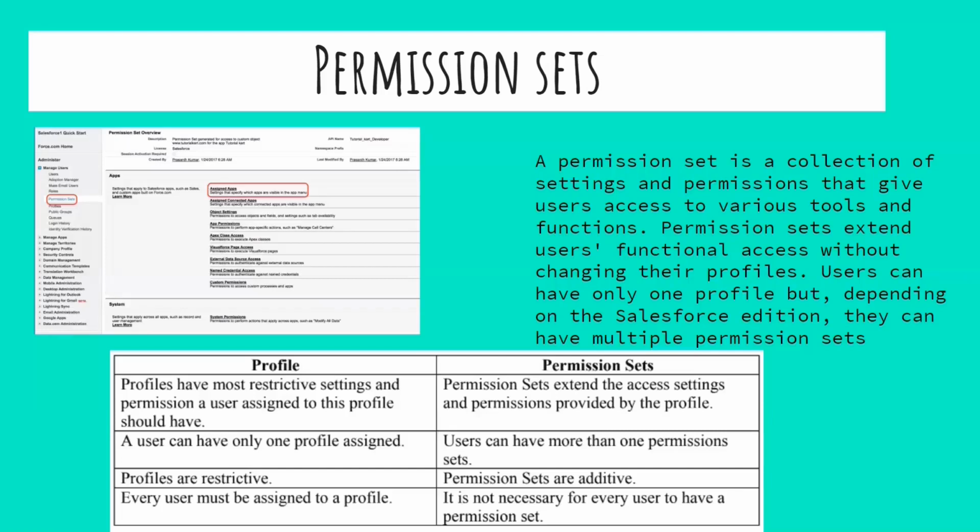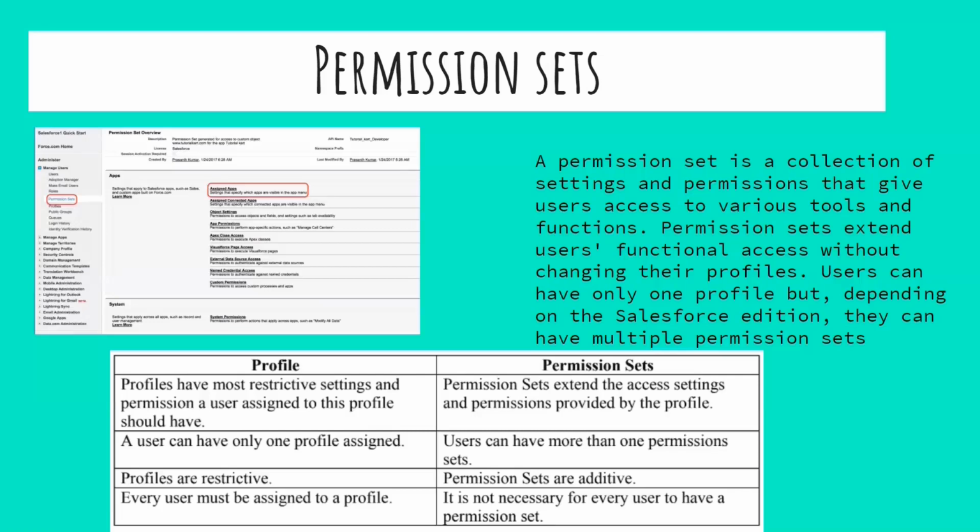In simple terms, if there are 10 users with the same profile and one or two users need some extra permissions, then we can use a permission set to assign extra permissions to those one or two users, rather than going to the profile and changing the permissions, which would give other users the same permissions that we don't need. That's why permission sets come into the context of Salesforce.